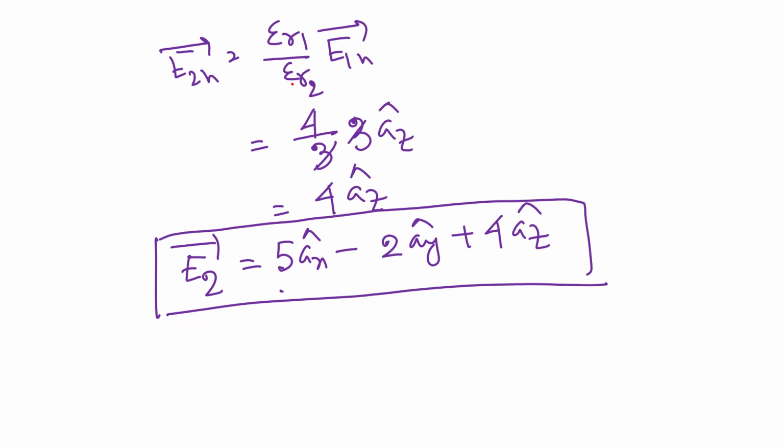If E2 is given to us, by using the boundary conditions we can also calculate E1. Now, in the previous example, we have seen that for solving numerical problems related to boundary value conditions, it is very essential that we first identify the positioning of the plane, and based on the position of the plane, which one will be the normal axis and which will be the tangential axis, or which two axes will be tangential.